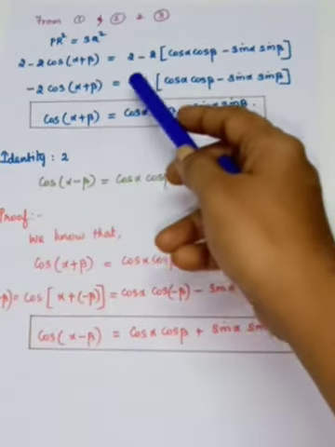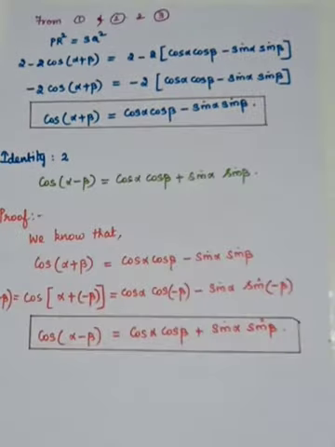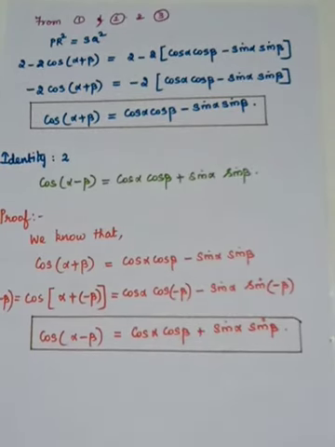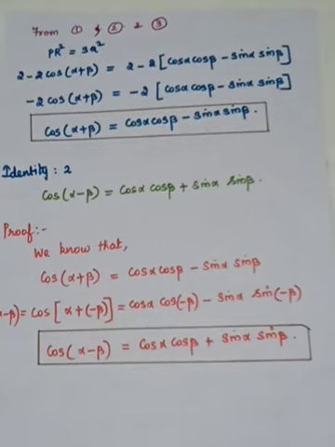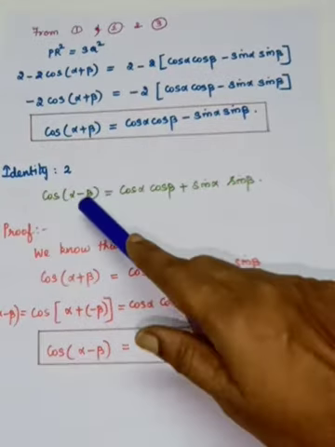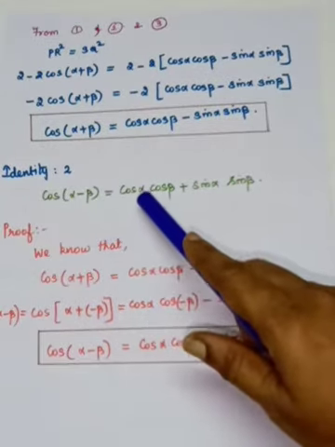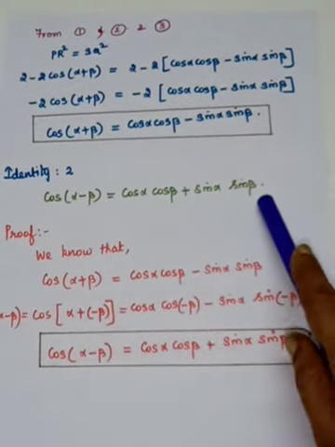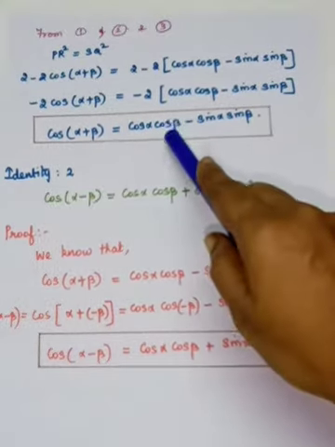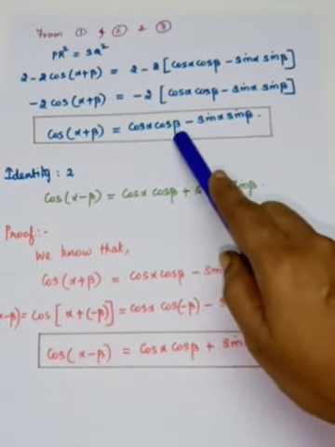This minus 2 gets cancelled. You have the first identity: cos of alpha plus beta equals cos alpha cos beta minus sin alpha sin beta. Now we'll go to the second identity: cos of alpha minus beta equals cos alpha cos beta plus sin alpha sin beta. So we have proved this identity very clearly.